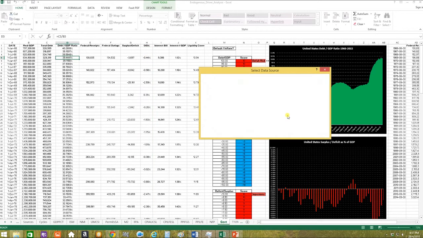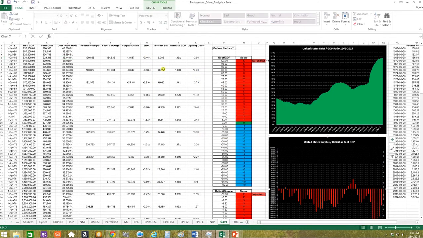So if we just come out of here and we look at how this is worked out, in column H, this percentage number is referencing cells G5 and B5. So B5, we know from earlier, is our real GDP number, but G5 is our surplus or deficit number.